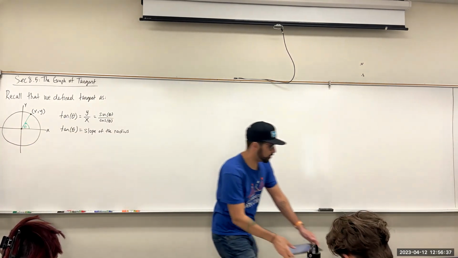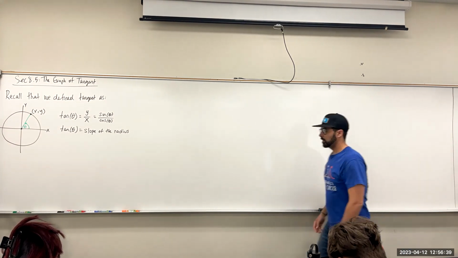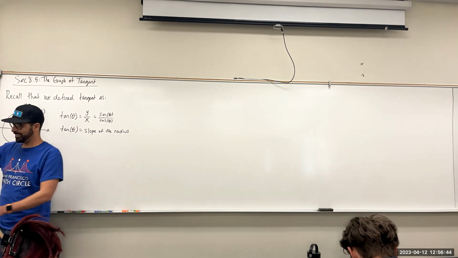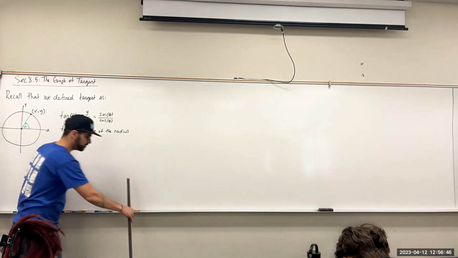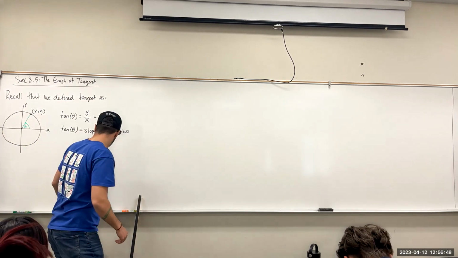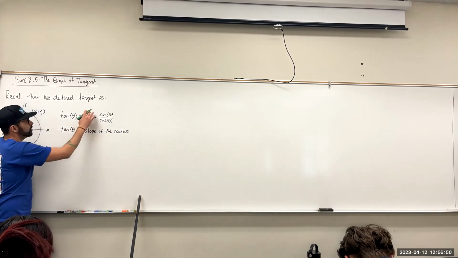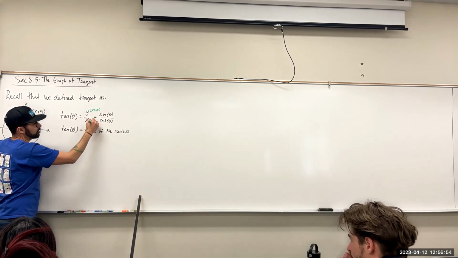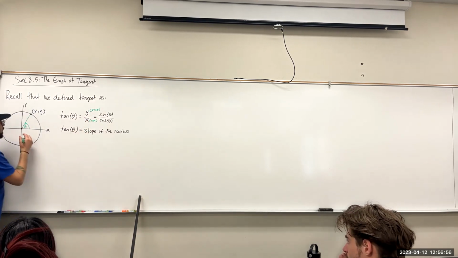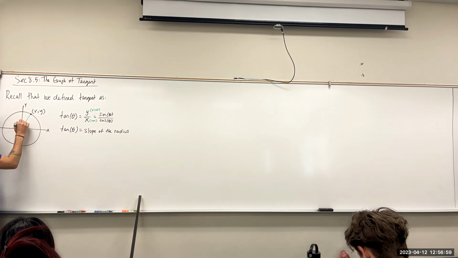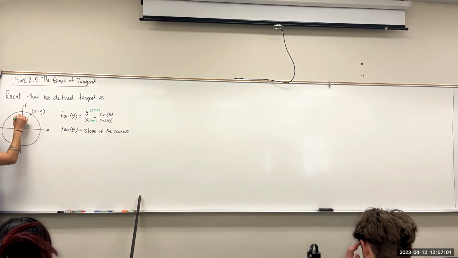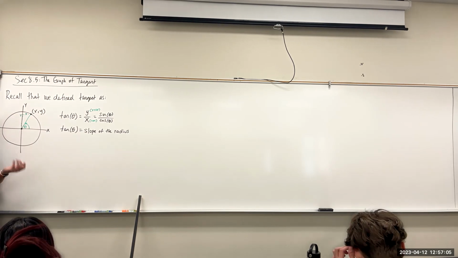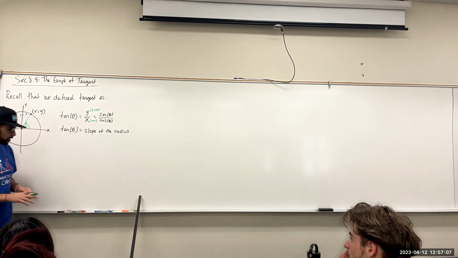Here's where I do need my ghetto ruler. So you can think of the y as the rise and the x as the run, where you rise by that y coordinate and you run by that x coordinate. You can think of this tangent value as a slope.